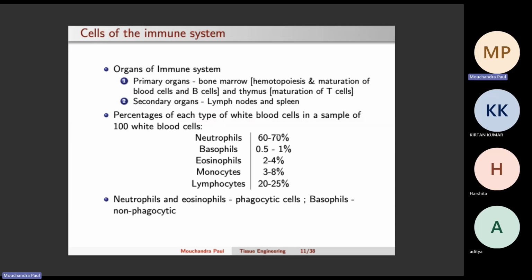But further maturation of T cells happens at the thymus, while B cells mature at the bone marrow. So bone marrow and thymus are the primary organs where these immune cells are formed and subsequently become mature. And there are secondary organs like the lymph nodes and the spleen.